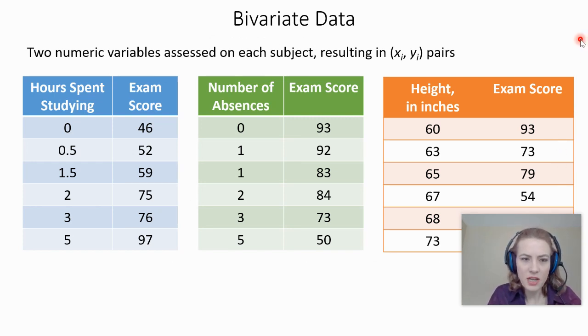Correlation and the next topic, simple linear regression, both deal with what we call bivariate data. This is when each subject, whether it's a person or a state or a country, has two different numeric variables measured. So this results in data that come in pairs where we have an X value and a Y value. Now, I want to distinguish that this is different from paired data that we've seen in the past.